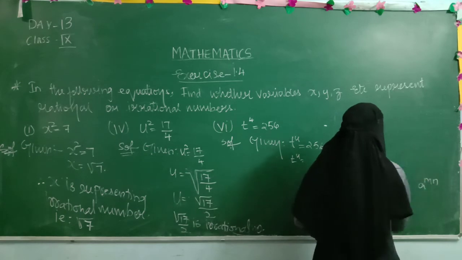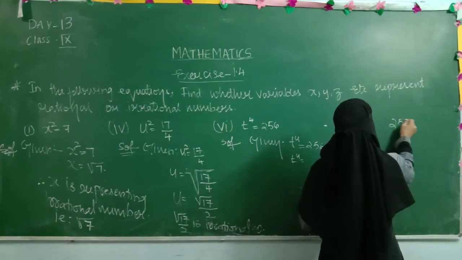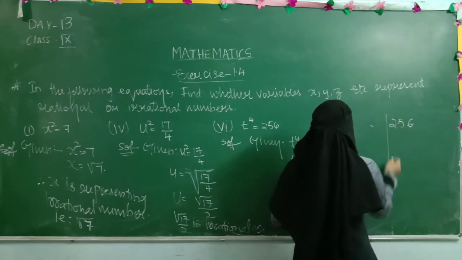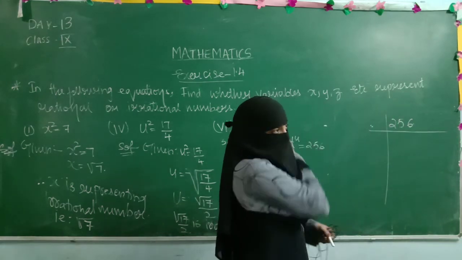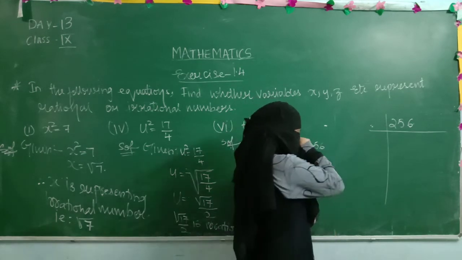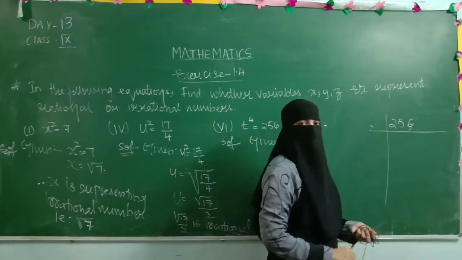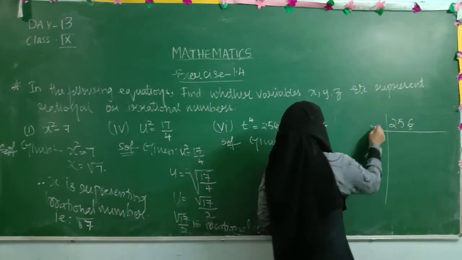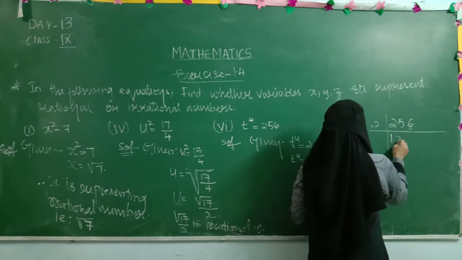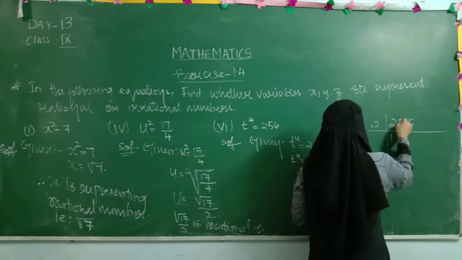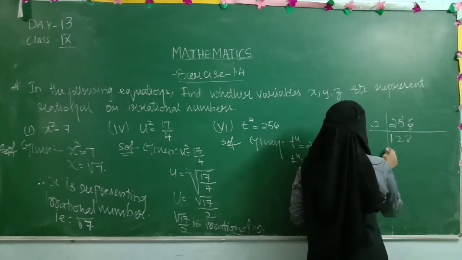Not LCM, sorry, prime factorization we have to do. Have you remembered prime factorization? Prime factorization means taking out the factors with the help of only prime numbers. As the last digit is 2 here, we are going to perform it with 2. So 2 ones are 2, 2 twos are 4, 2 eights are 16.